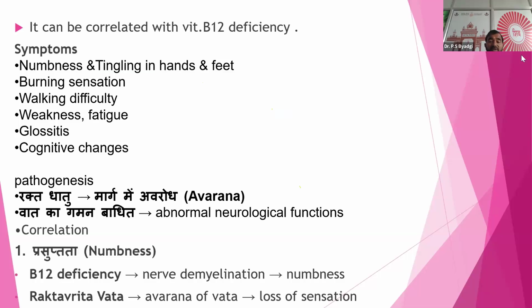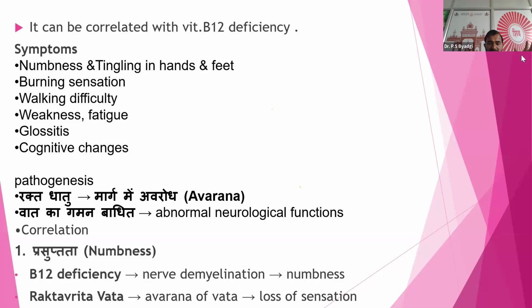So to make an interpretation of these diseases with that of the Rakta Dhatu, the Rakta Dhatu does Margavarana of the Vata dosha, hindering the normal movements of the Vata, and that is resulting in abnormal neurological functions, resulting in the manifestation of Prasuptata, that is nerve demyelination, resulting in numbness and avarana of the Vata.